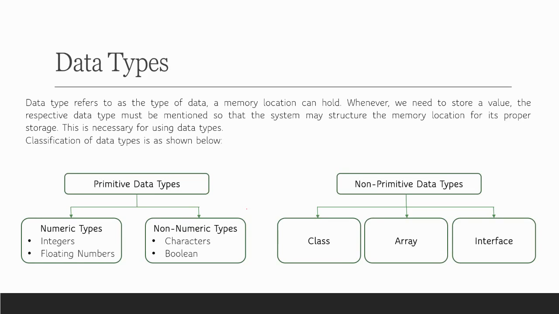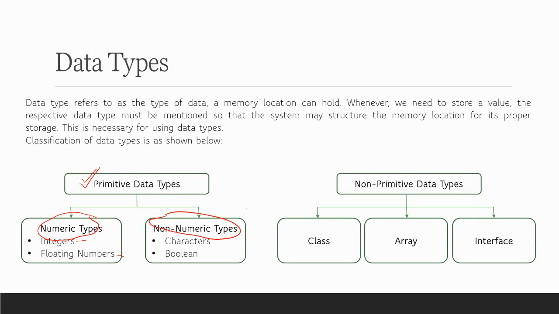Now, let us look at the differentiation of the primitive data types. Primitive data types are differentiated into numeric and non-numeric data types. Numeric data types allow us to declare variables that can store numbers. Based on the types of values that can be stored in a variable, the numeric data type is classified into integers and floating numbers.